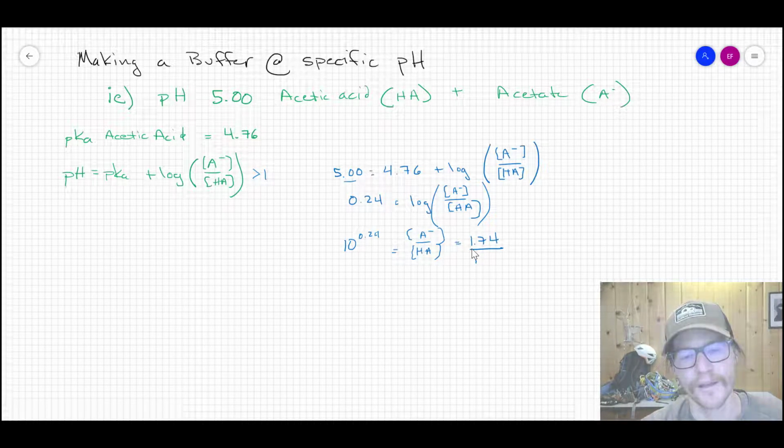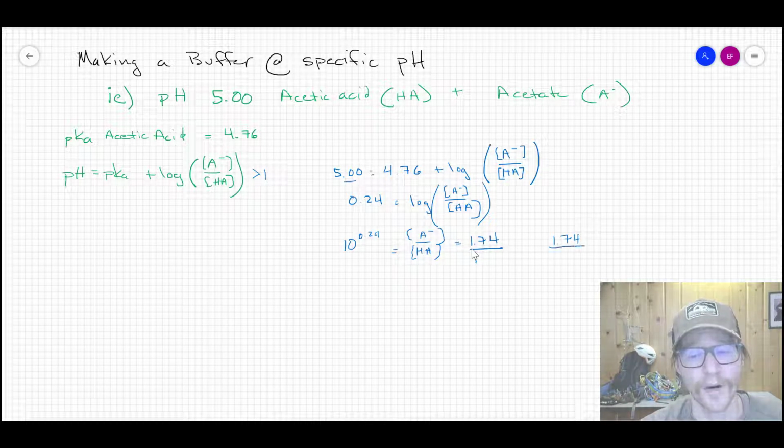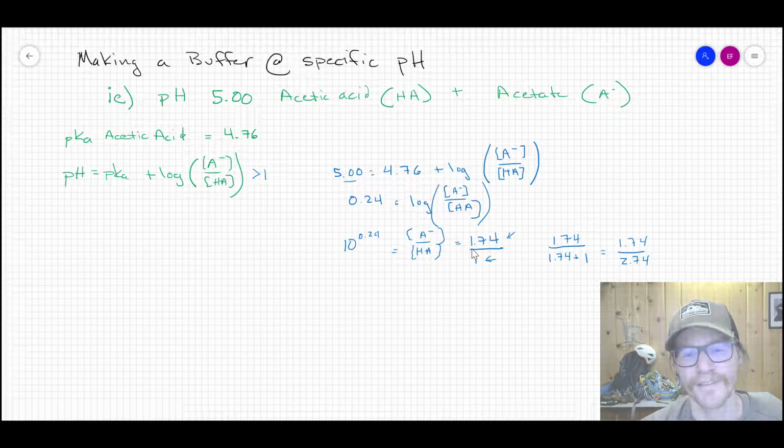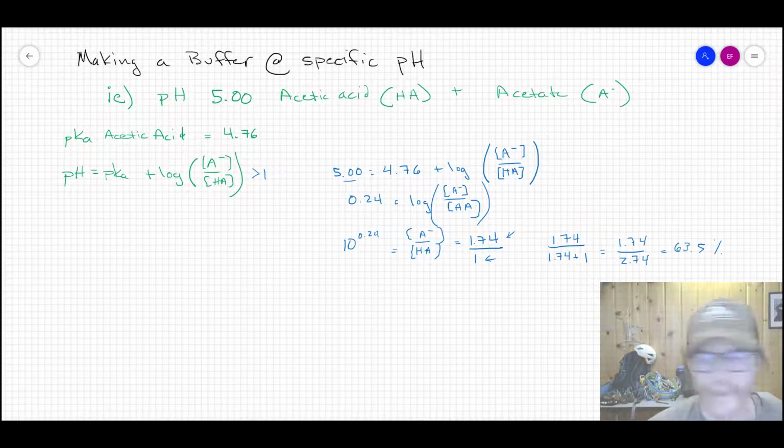The other way to think about that is the proportionality of A minus in the system is going to be 1.74 parts per 1.74 plus 1 part, or 1.74 over 2.74. Because there's 1 part of HA and 1.74 parts of A minus, the percentage of the system that's A minus is going to be whatever that fraction is, which is 63.5%.